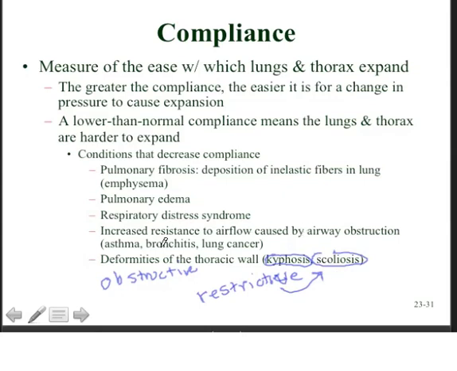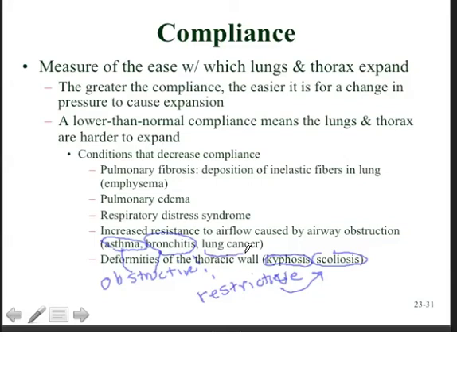These guys up here, asthma would be essentially obstructive. Bronchitis is going to be obstructive, but if it's chronic and results in scar tissue, it could potentially also be restrictive. As you reduce the elasticity of the lungs, that would qualify as a restrictive disorder.